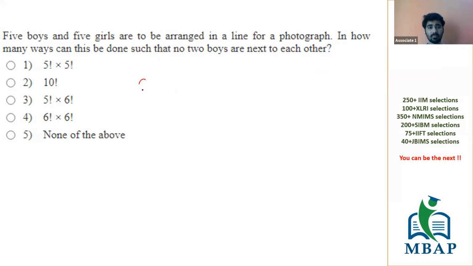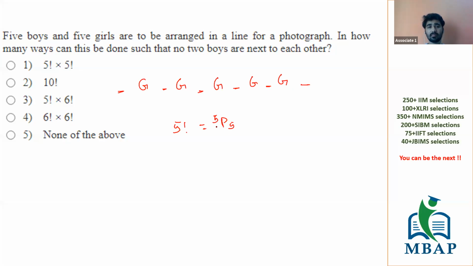Okay. So suppose no two boys are to be next to each other. Basically, we'll have a girl, girl, girl, girl, and girl, right? So every girl has to sit between the boys. That is the only way we can do it. Now you have five girls and five spaces. In how many ways can you do that? You can do that in 5 factorial ways, that is nothing but 5P5.